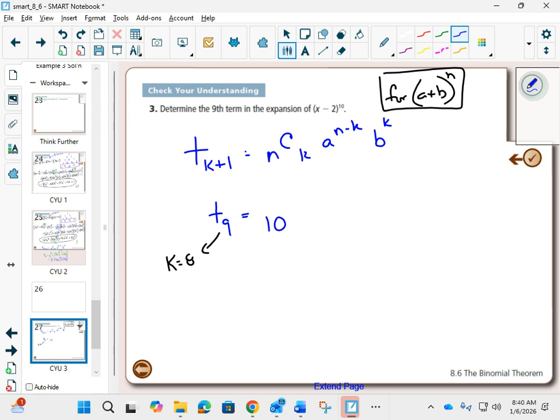Okay? So I'm going to get 10 choose 8, this k is 8. a, which doesn't tell you on the formula sheet, is always that first term. In this case, it's an x, and to the exponent of 10 minus 8. And b, the negative stays with that number, so it will be negative 2.